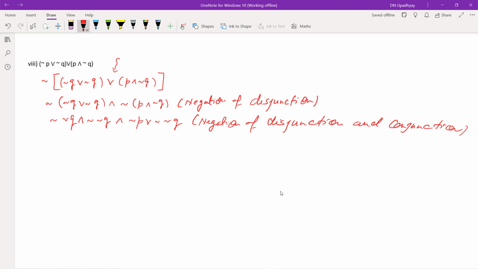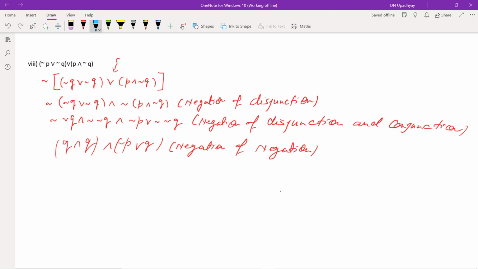So negation of disjunction and conjunction, understood? Now second and last third, actually we are going to use negation of negation. So negation cancel, q and p, negation p or q. So this will be negation of negation. So this is negation of negation.